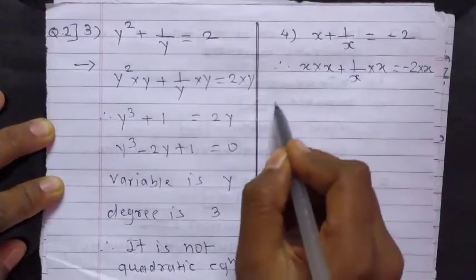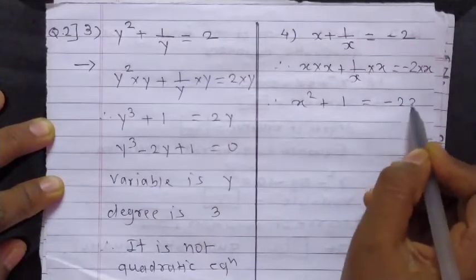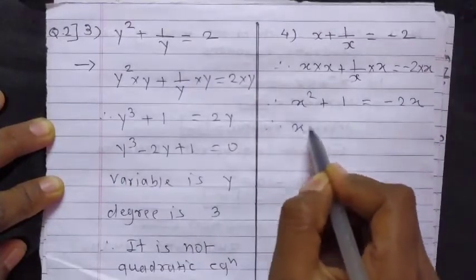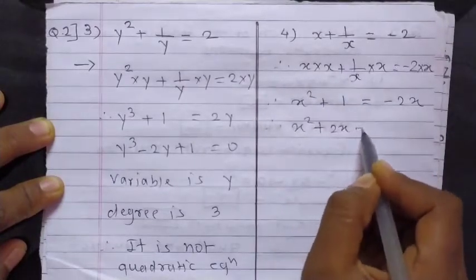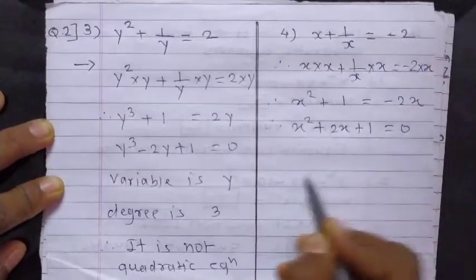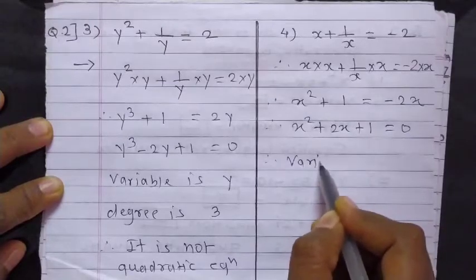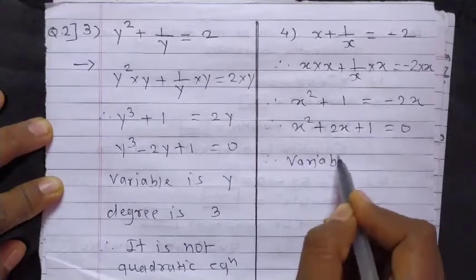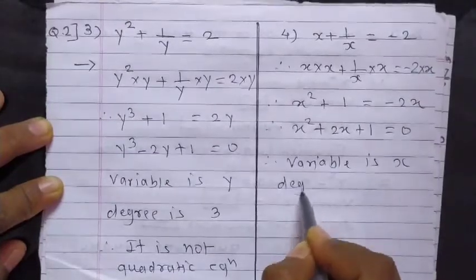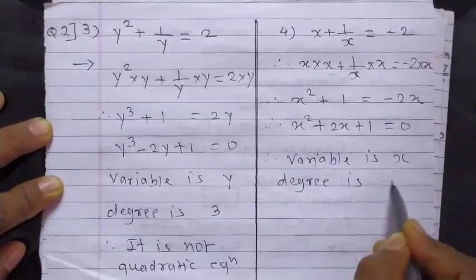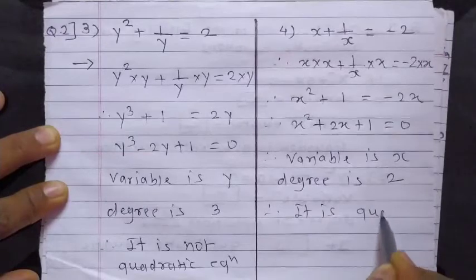This x is cancelled, therefore x square plus 1 equal to minus 2x, and therefore x square, taking this minus 2x to this side, plus 2x plus 1 equal to 0. Here variable is only 1, variable is x. Degree is 2, and therefore it is a quadratic equation.